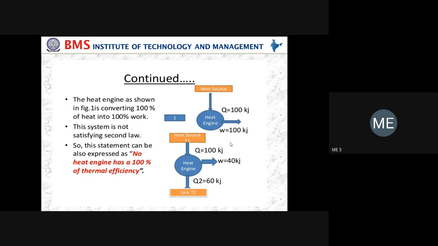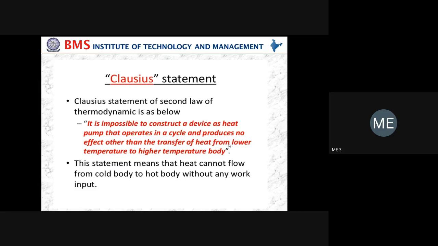Now I'll move to the second statement, that is the Clausius statement. As I said, the Clausius statement is mainly related to the heat pump. It states that it is impossible to construct a device, a heat pump, that operates in a cycle and produces no effect other than the transfer of heat from a lower temperature to a higher temperature body. The meaning is that heat cannot flow from a cold body to a hot body without any work input.